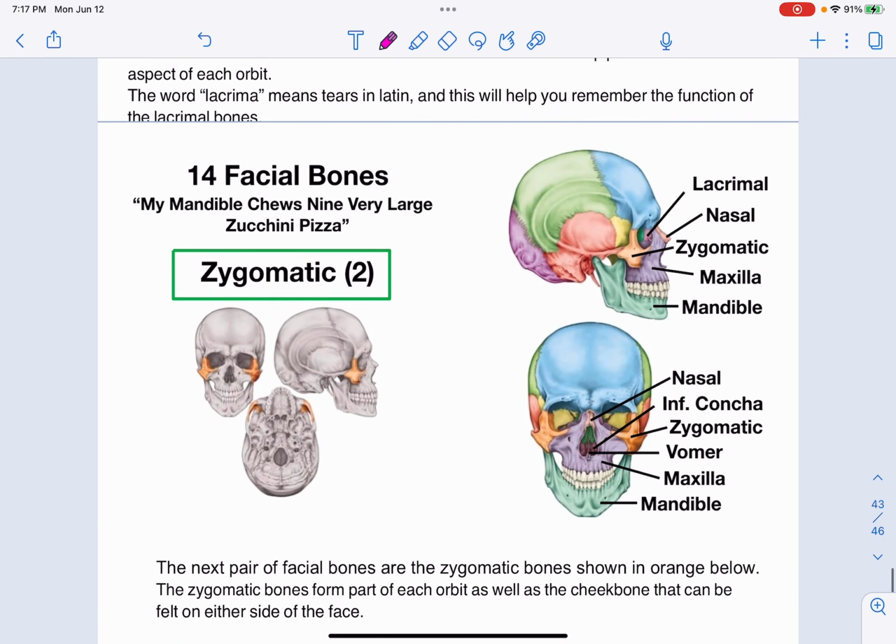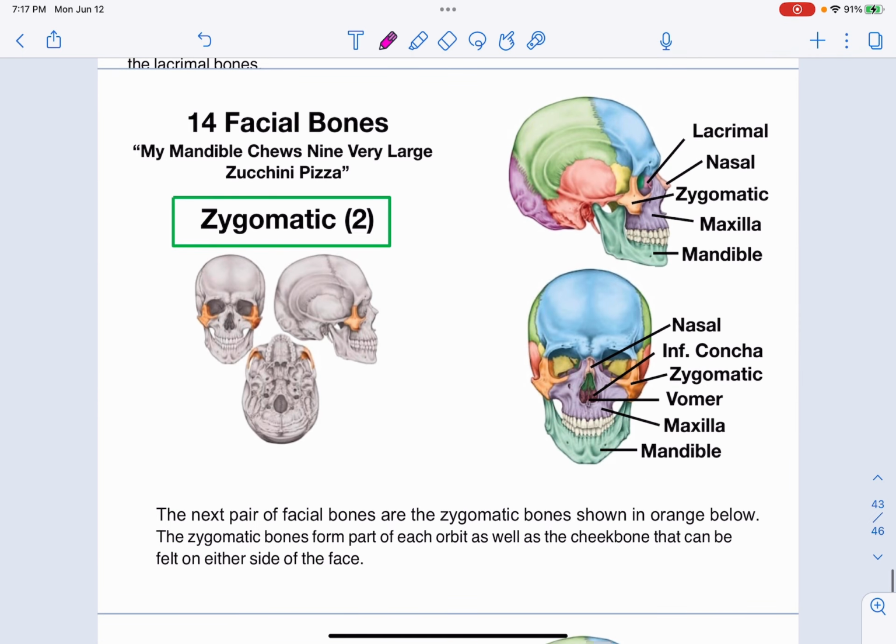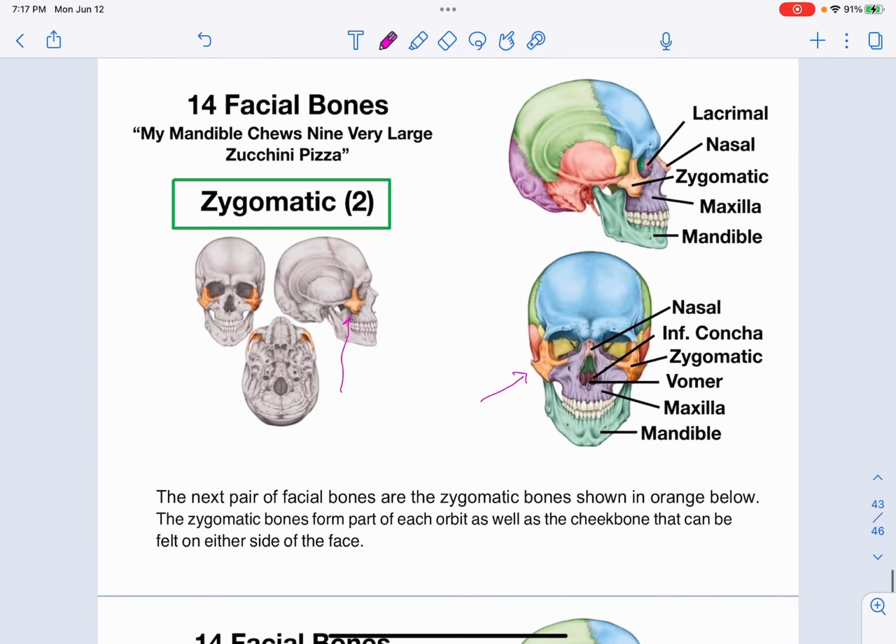All right, the zygomatic bone, shown here in orange peach. You can see it here. That is the area where your cheekbone is, the zygomatic bone. There are two of them, and there are no features to the zygomatic bone. You would just need to identify them on a skull.